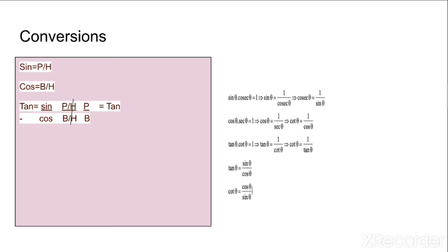Simple mathematics. What remains? P by B. That means sine by cos gives P by B.